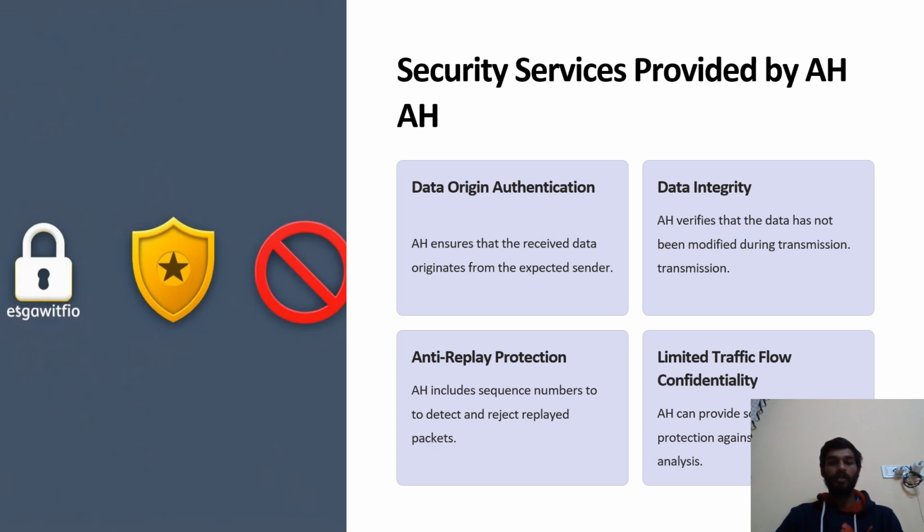So authentication header ensures that the received data originates from the expected sender, and authentication header verifies that the data has not been modified during transmission. Authentication header includes sequence numbers to detect and to reject replayed packets. Authentication header can provide some level of protection against traffic analysis.